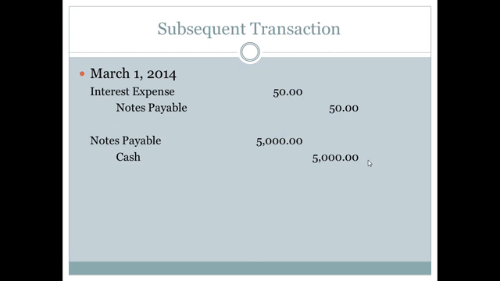What happens is there's a face value to the note and we get something less than that to begin with. That is the discounting effect. The difference between the discounted amount that we receive today and the face value that we pay at the maturity date, that difference is interest expense. So it's not explicitly stated, but it is implied in the transaction.